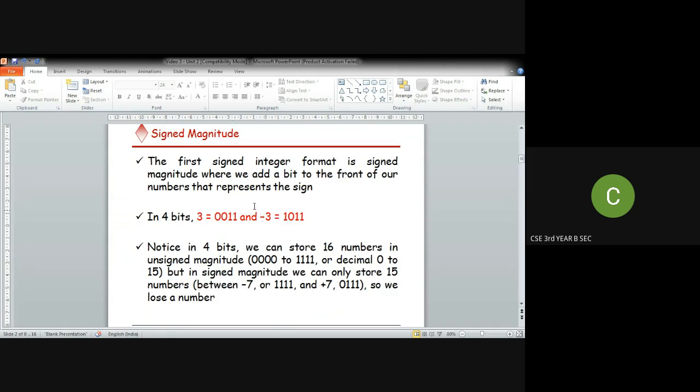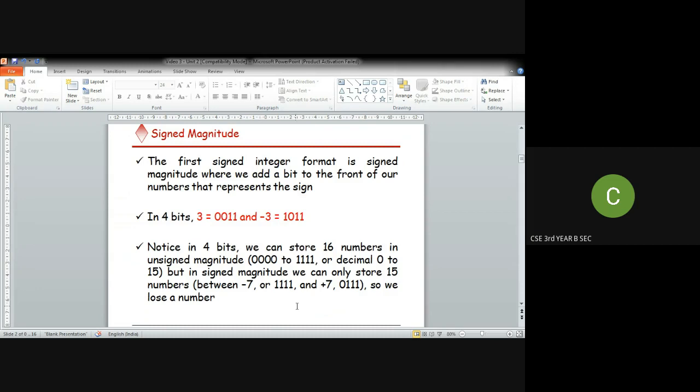What is the disadvantage of using signed magnitude? If it is a 4-bit representation, the leftmost bit is considered the sign bit, so we have only the remaining 3 bits to represent the number. Normally, a 4-bit binary number can represent 16 decimal values, from 0 to 15.